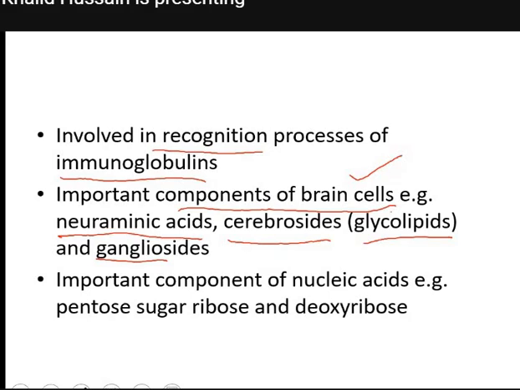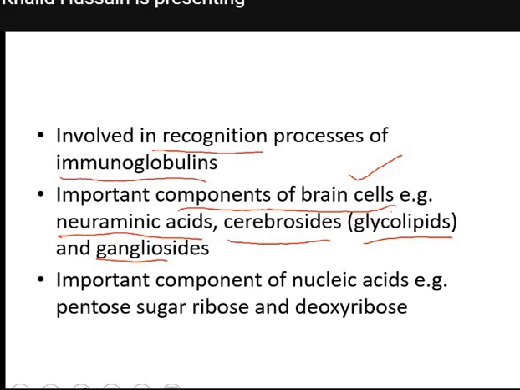Then carbohydrates are an important part of nucleic acid. These are part of the hereditary material. From parents, the instructions are passed to the children through the chromosomes, and those chromosomes also contain carbohydrate.